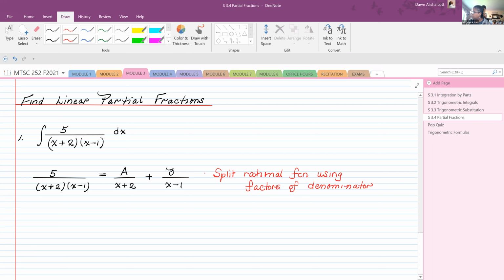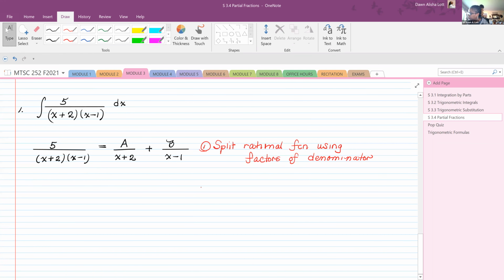Okay, so that was the first thing we did. The second thing I want you to do is find the roots of the denominator. So what are the roots of the denominator for this problem? Anybody want to give me the roots?